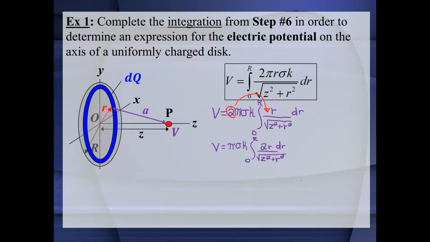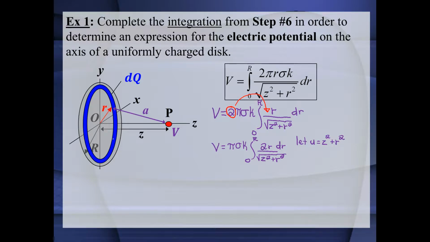Now, the way I'm going to solve this integral is I'm going to make a substitution. So I'm going to make a substitution for the denominator, the z squared plus the r squared. So what I'm going to do is I'm going to say let u equal z squared plus r squared.